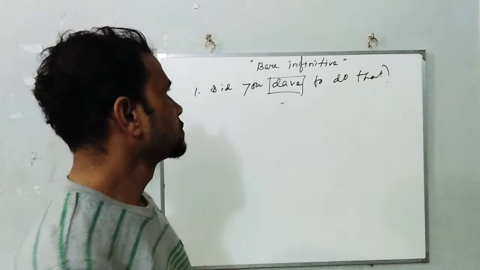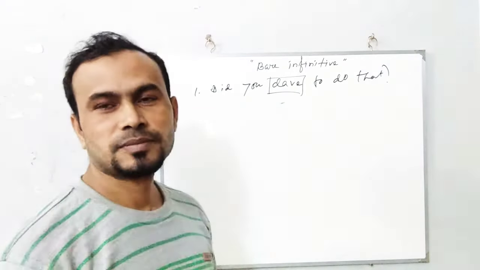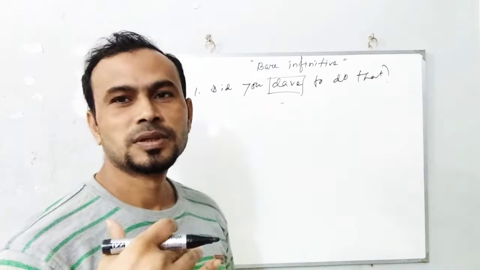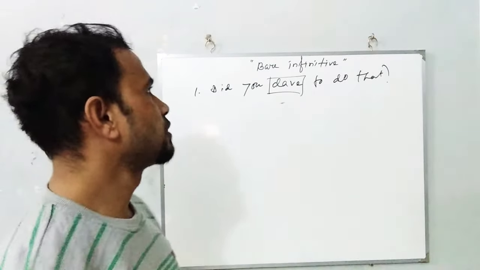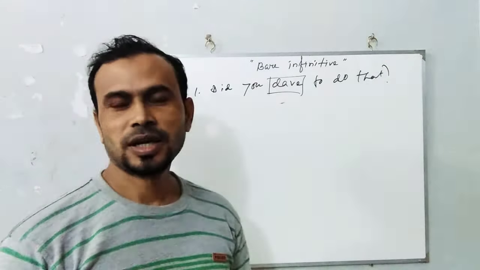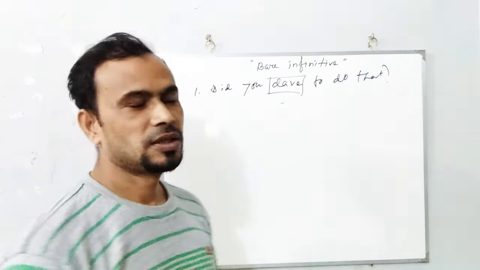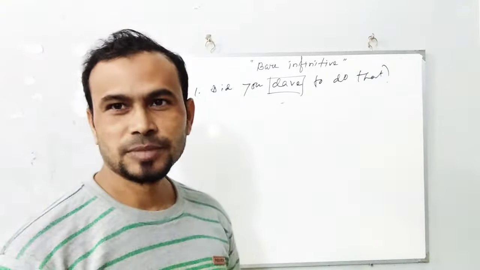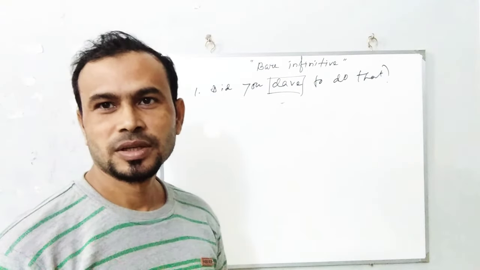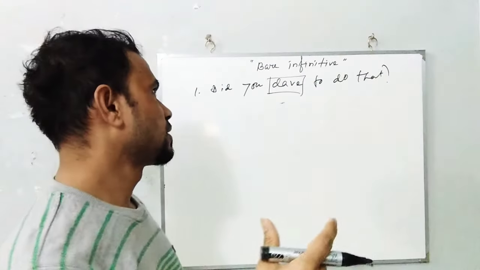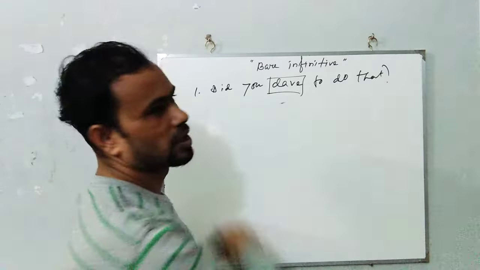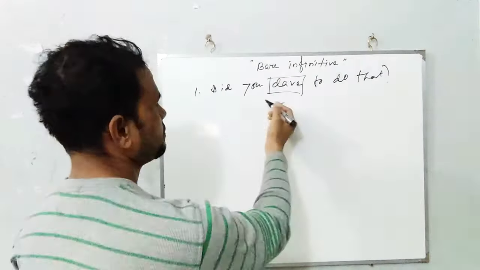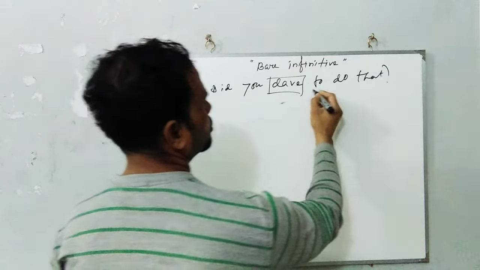So dare, the verb, means to do something willingly, and I think you can do it only, but no one can do it. In that case we can call this word dare. So, did you dare to do?